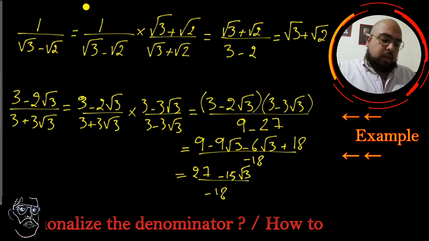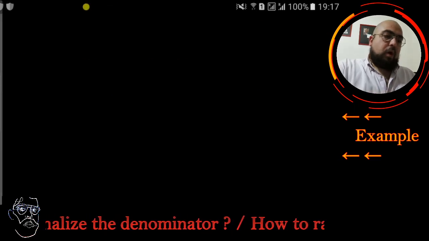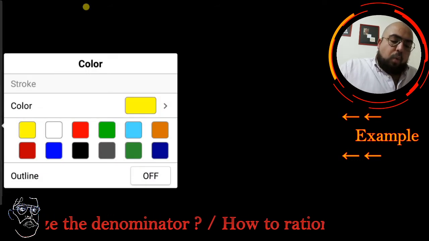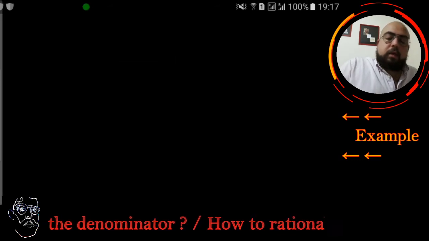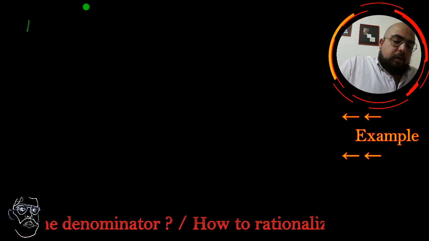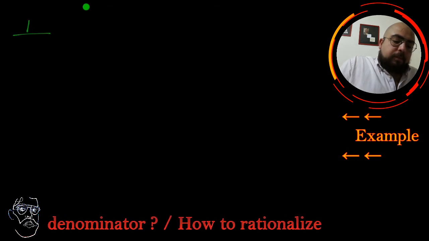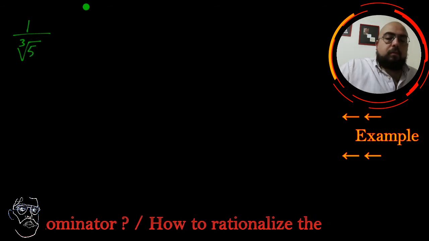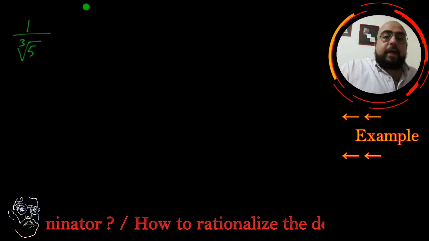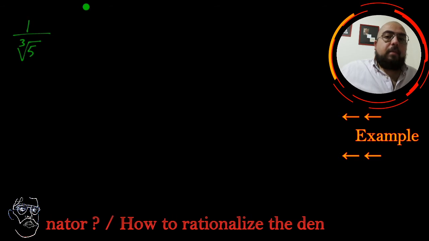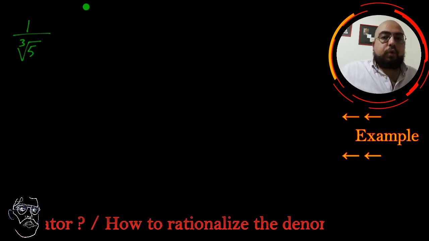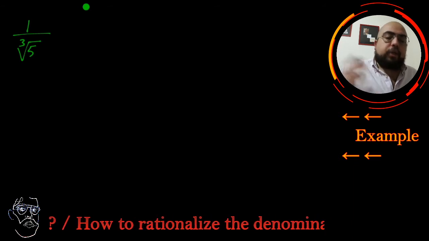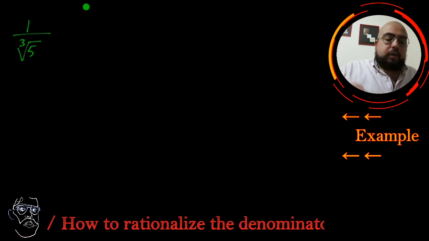I'm going to take a couple of other examples which are of course quite different. So what about rationalizing this case, the cubic root of 5? Now I cannot multiply by square root of 5 over square root of 5 because square root and cubic root are different.